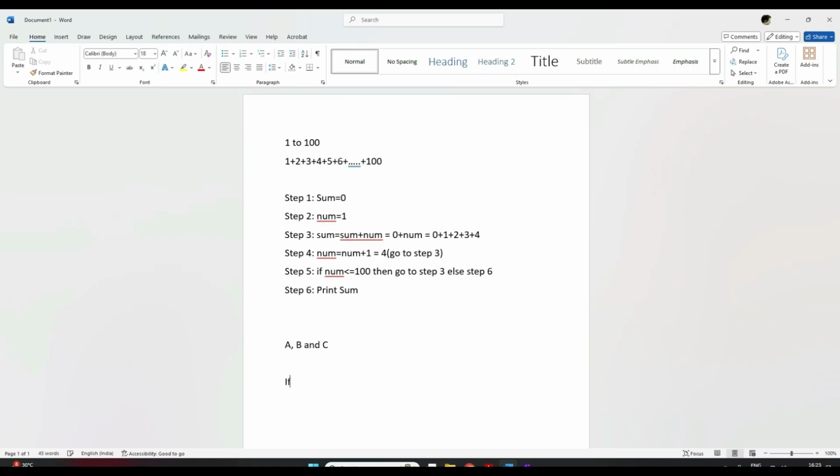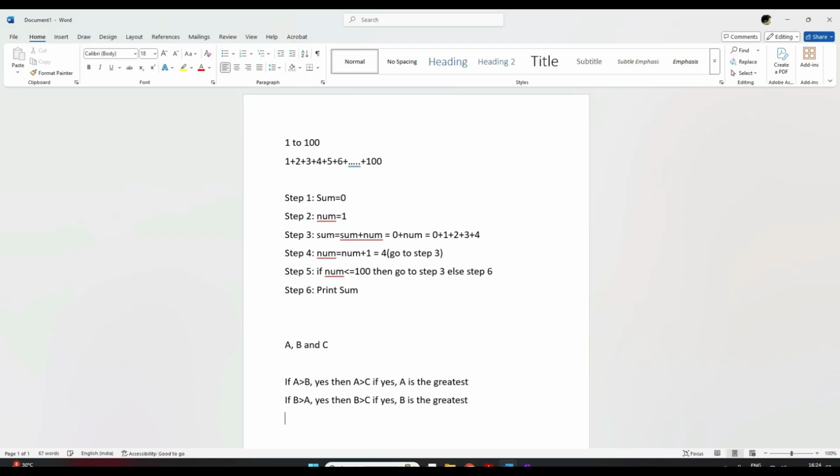So I'll first check if A greater than B. If this is yes, then I will check what? If A is greater than B, yes, then A greater than C. If this is also yes, that means A is the greatest. Correct? Similarly, if B is greater than A, if it is yes, then B greater than C. If yes, that means B is the greatest.